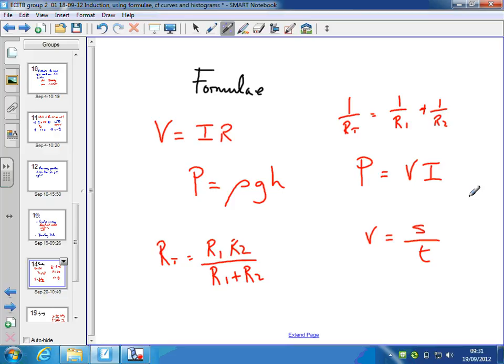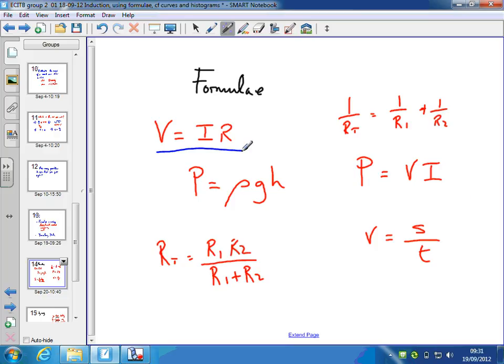To get the power, what do I do with the voltage and current? Times them together, because no symbol means multiply. So power is volts times current. That's another familiar equation if you've done any electrical work. So these two formulae are pretty basic electrical formulae that you'll use.